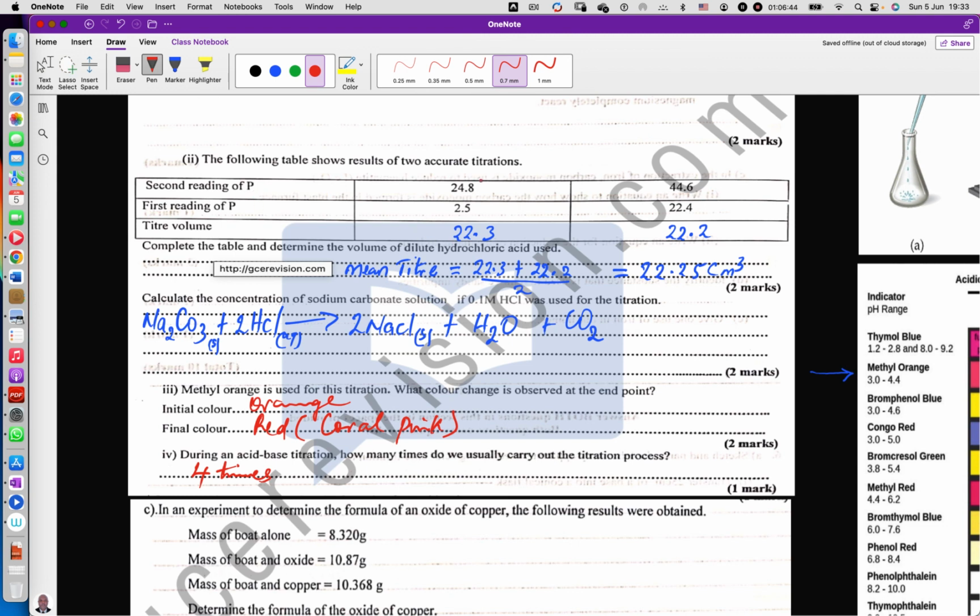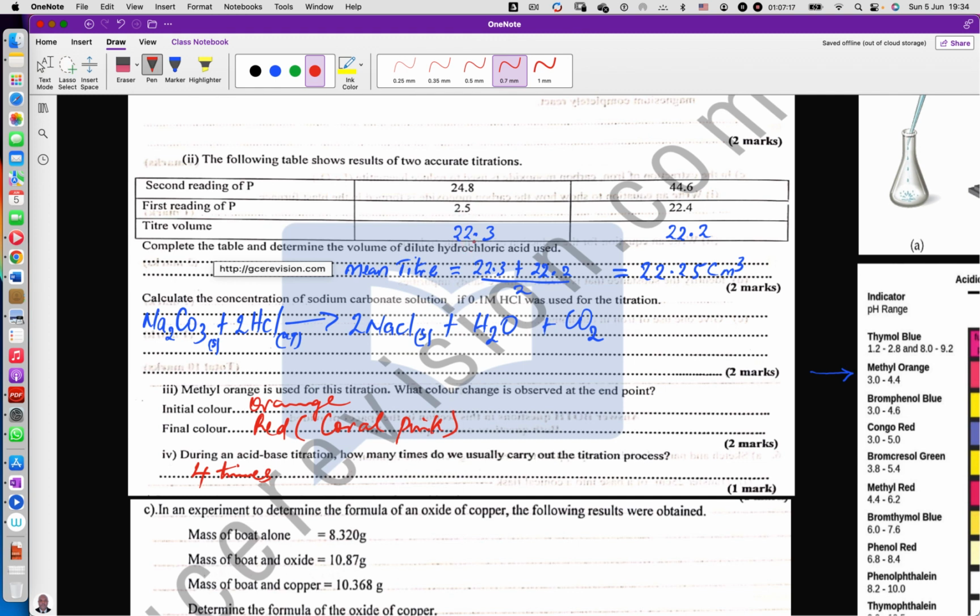So now everything has been done here. The only thing to do now is to find your titre here. To have your titre, you will subtract the first reading from the second reading. This is your final reading, which is 24.8. So your titre is 24.8 minus 2.5, that was where you started.